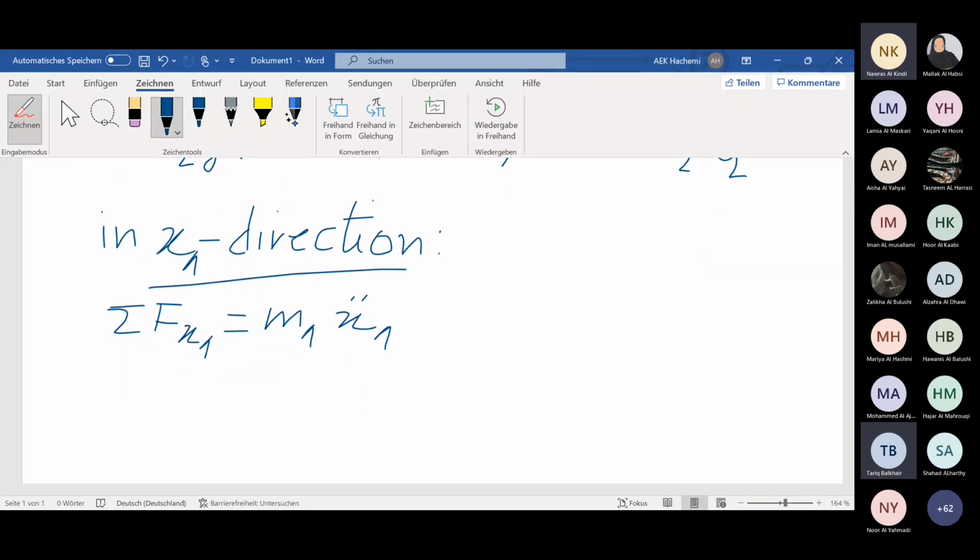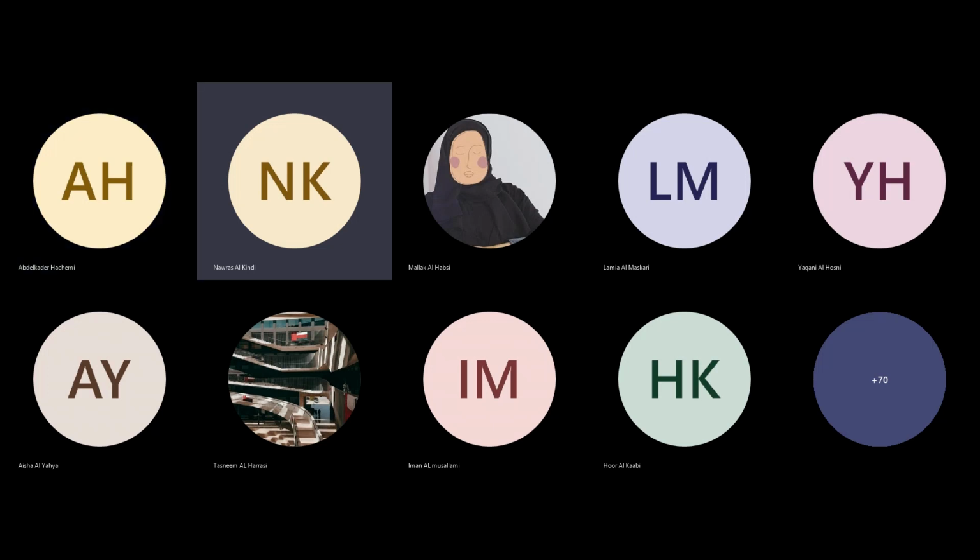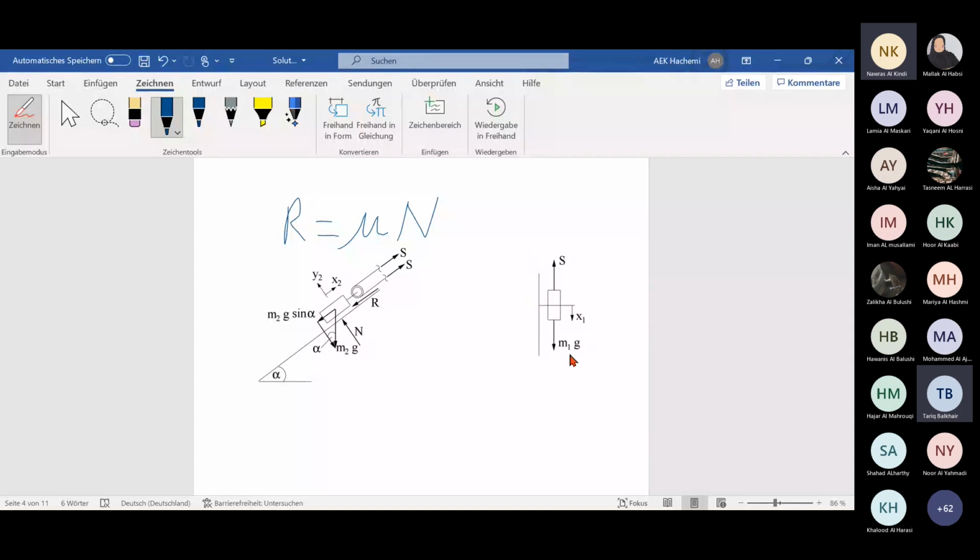Then in this case we get the sum of the external forces. There is only S and M1G. Here for this mass M1, you have only S, opposite to X1, and M1G, which is in the direction of X1. These are the external forces.